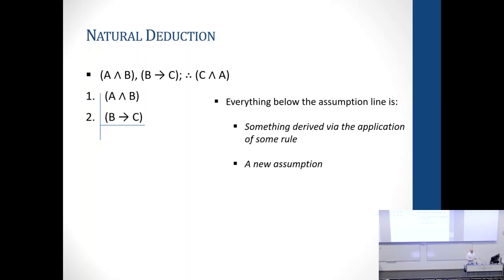So everything below the assumption line, as I said, is going to be something derived, and it will be derived via the application of an inference rule. Or it will be a new assumption. Let's leave the second one for now. Let's just think about deriving using an inference rule.